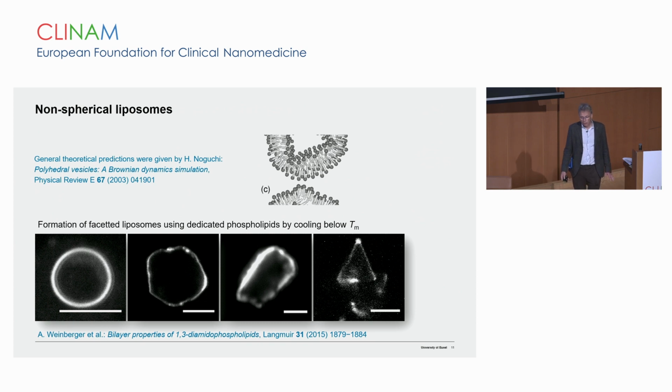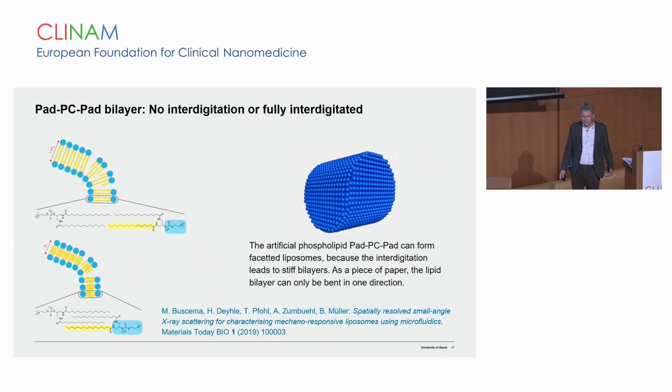There are many other teams worldwide who are able to produce non-spherical liposomes that are less stable than the spherical ones. And these liposomes can be generated through interdigitation.